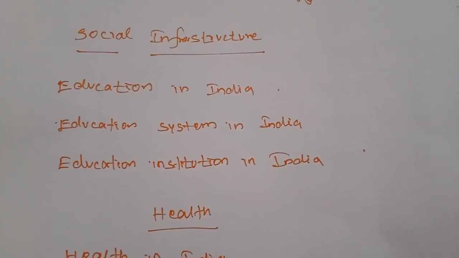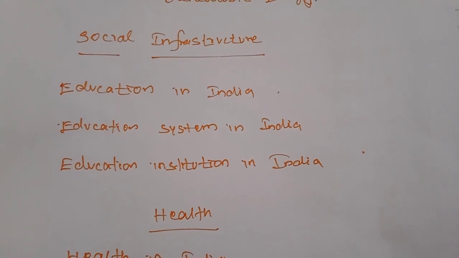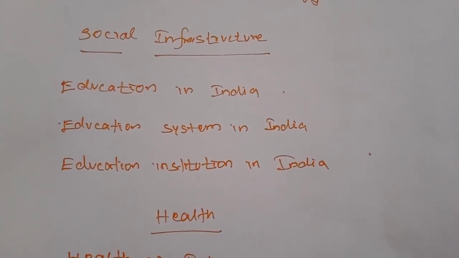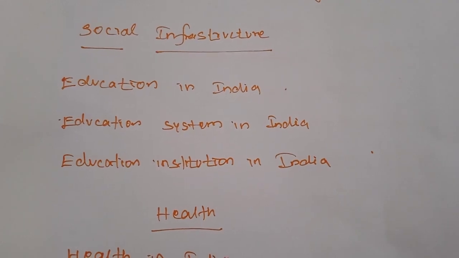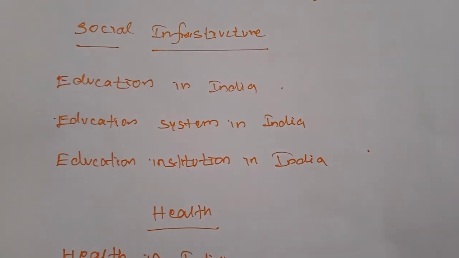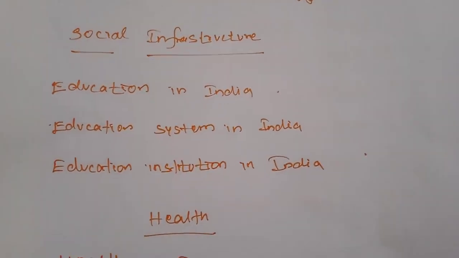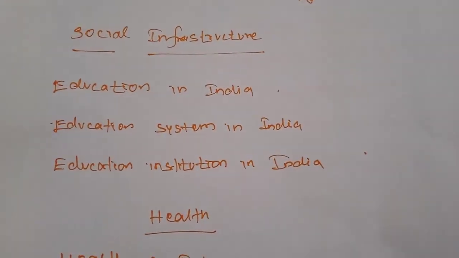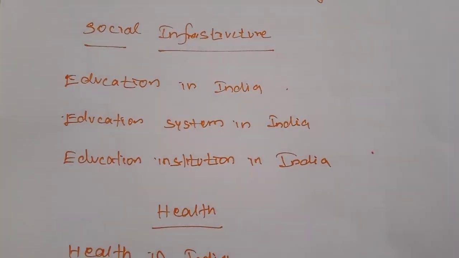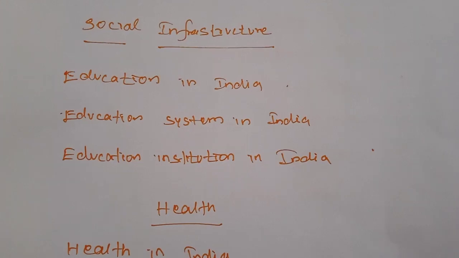Since then, Indian education has flourished and developed with the growing needs of the economy. The Ministry of Human Resource Development in India formulates the education policy and also undertakes education programs.